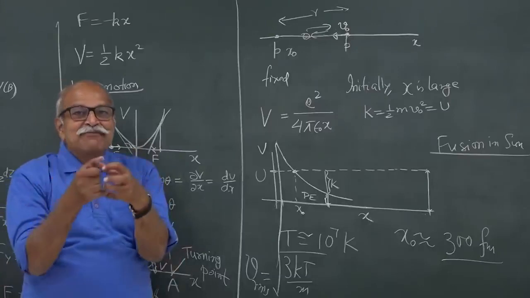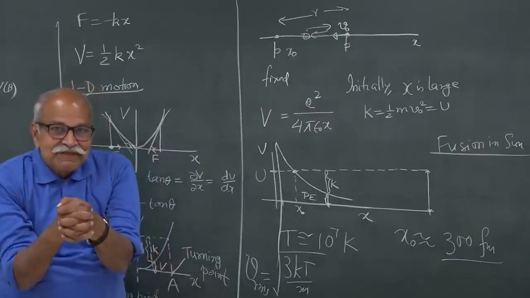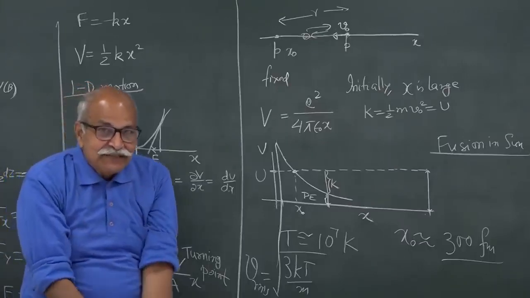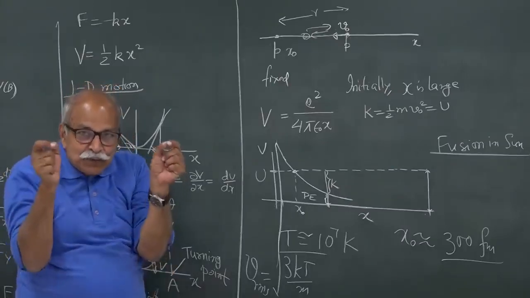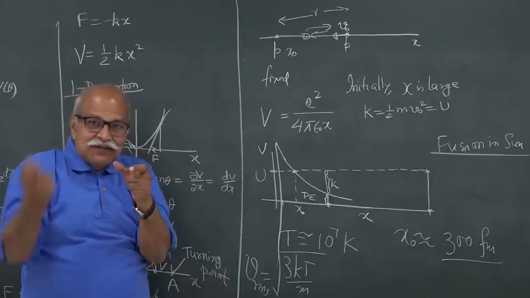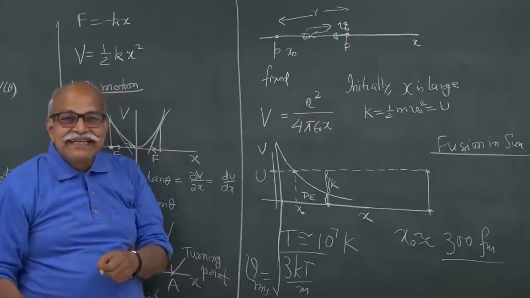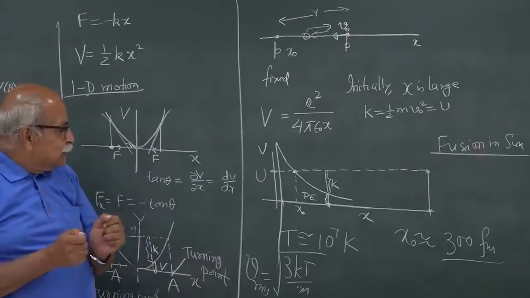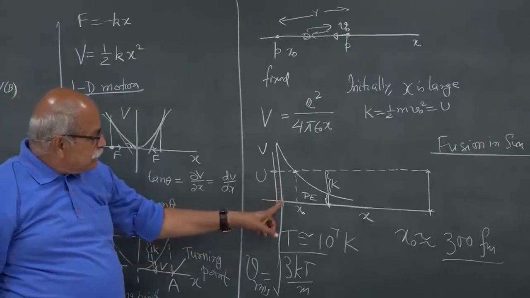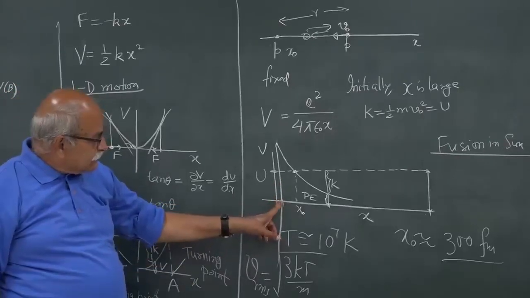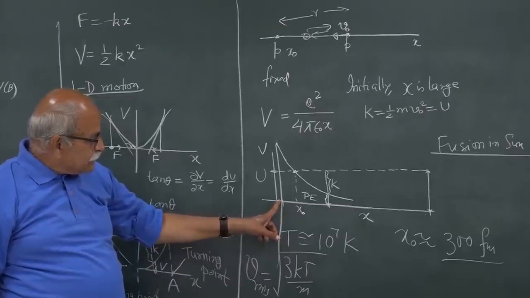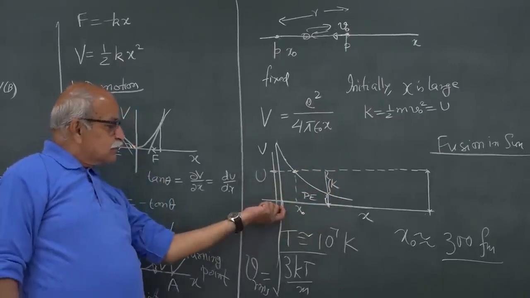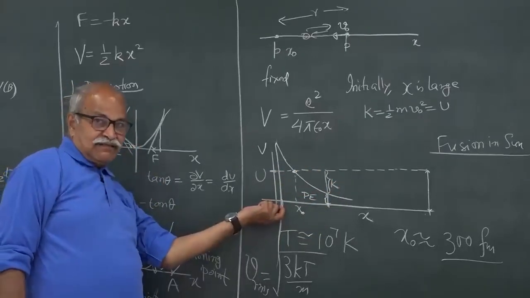So, if proton and proton are to fuse, if the fusion reaction is to take place in the core of the sun, the first thing is that 2 protons should fuse, and after that more protons will add to make a helium nucleus. But the first stage where proton and proton have to fuse, they must come closer to this separation. Okay. So, it must reach somewhere here, but x naught is 300 femtometers and this is 1 or 2 or 3 femtometers.